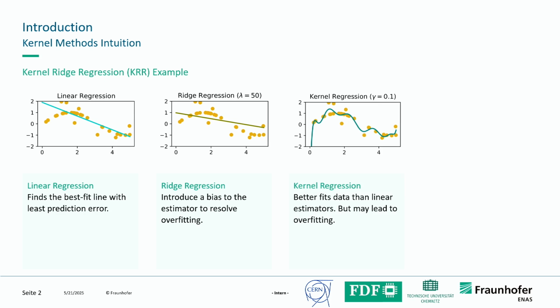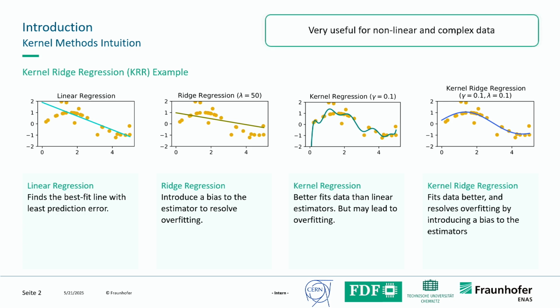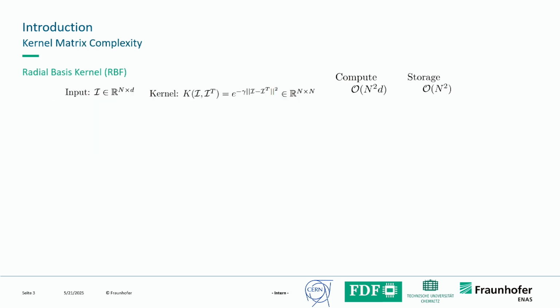Then kernels come into place, and kernels tend to overfit because they want to take all data into consideration. And when you put all of this together, kernel ridge regression, you get really nice estimators that more or less correctly estimate the sine wave. So the key takeaway is that kernel ridge regression, or kernel methods in general, are very useful for nonlinear and complex data. And this is why we want to target them, because they're useful generally in the industry.